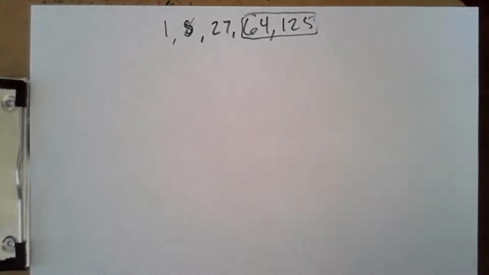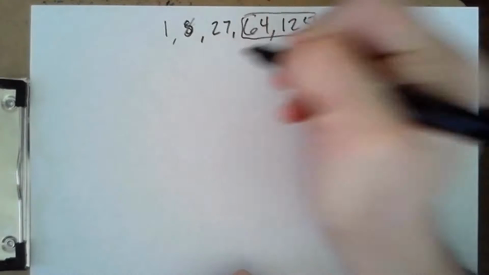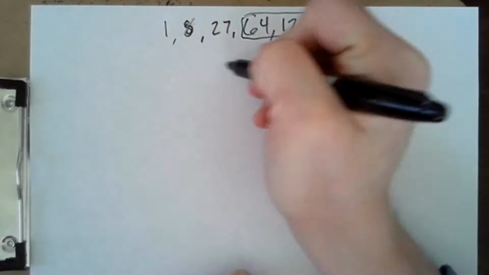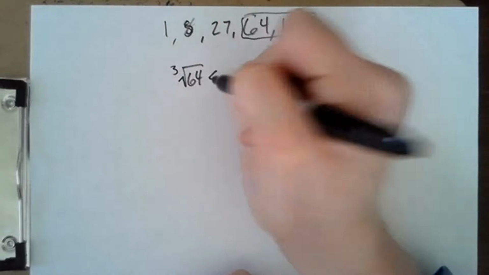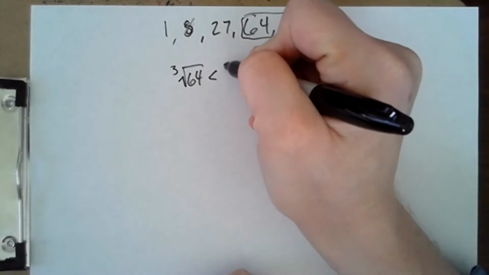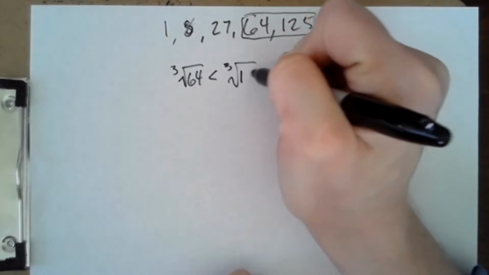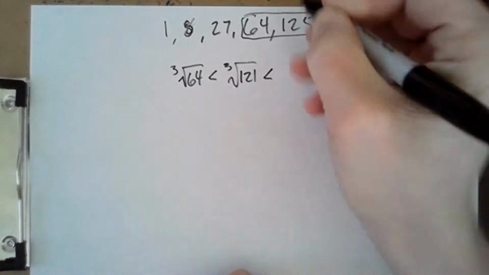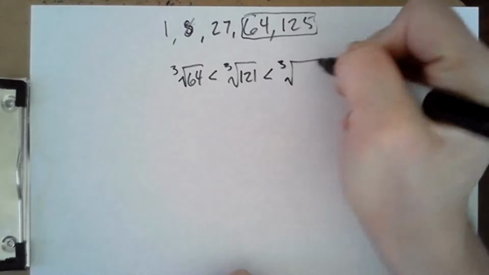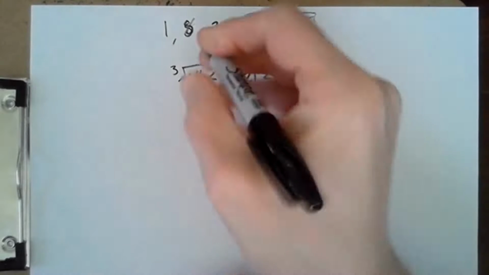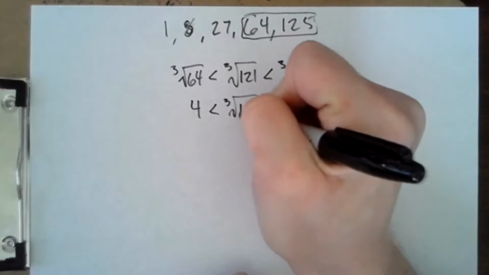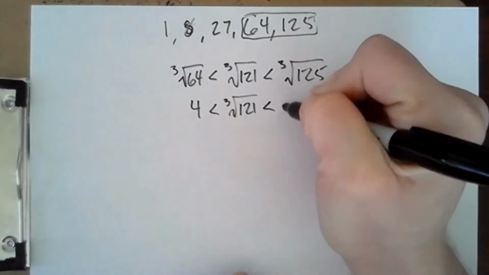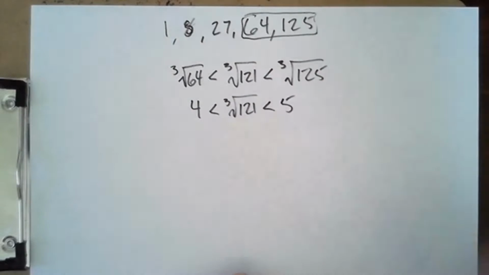Therefore, the cube root of 120 is between the cube root of 64 and the cube root of 125. So that means that 4 is less than the cube root of 120, which is less than 5.